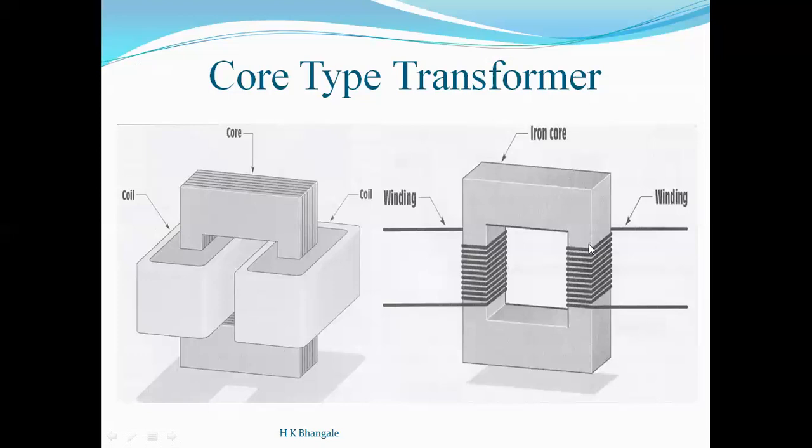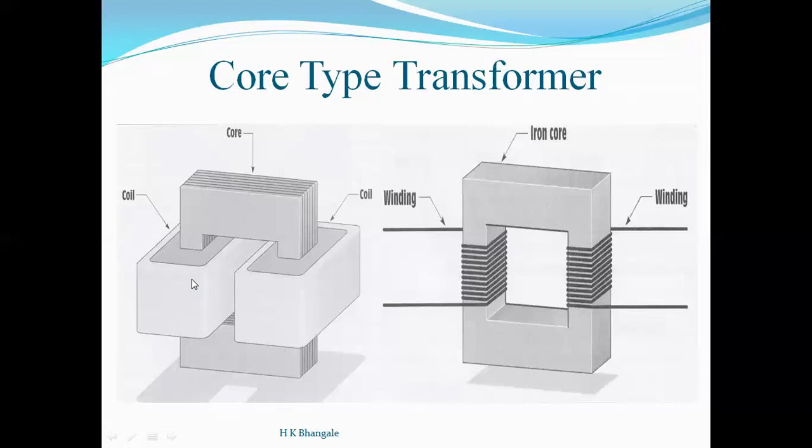The winding is encircled on the core. The figures show the schematic representation of the core type transformer. In this view, the actual construction of the core type transformer is like this, and the photographic view will be like this.